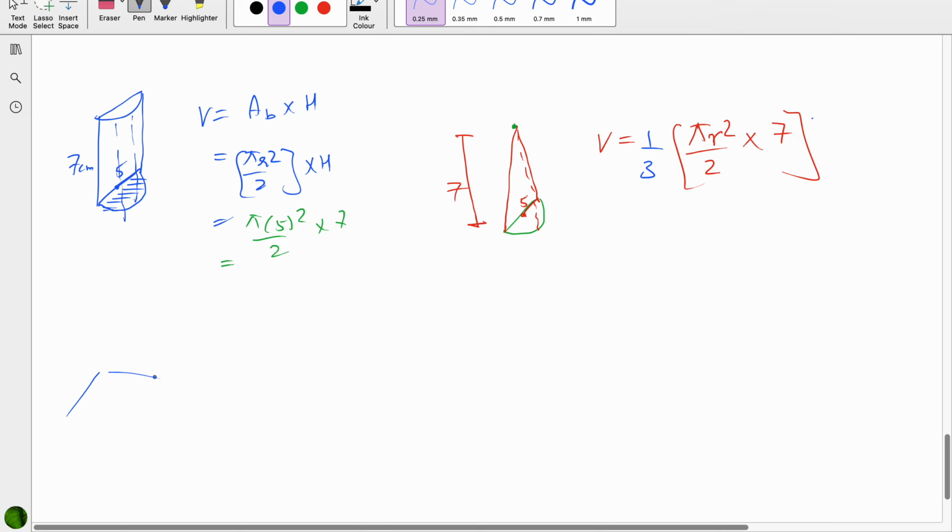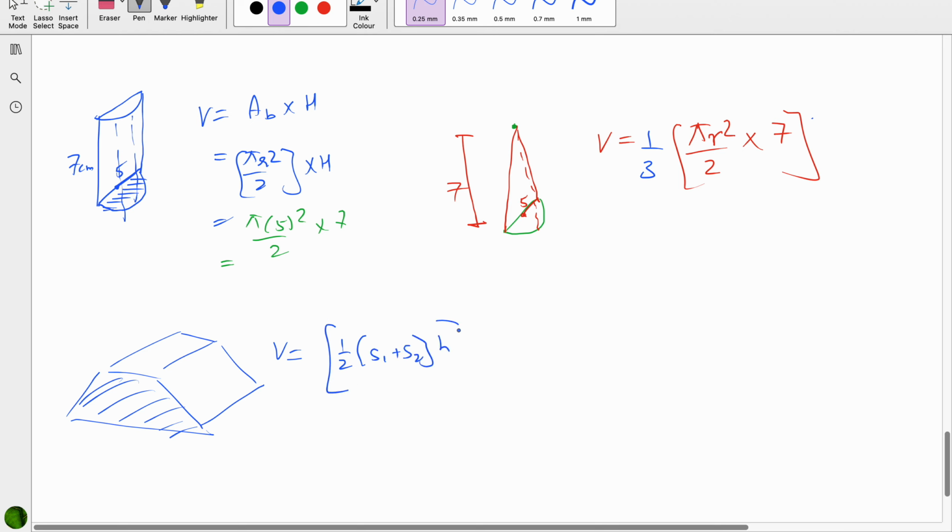Last shape, I have this trapezium. This is my cross section. My volume was 1 over 2, side 1 plus side 2, into height. This is the area of trapezium. This is the area of cross section times this length. This was the volume. What happens in the new shape, if the shape appears like this, there's the dot and it converges at one point?